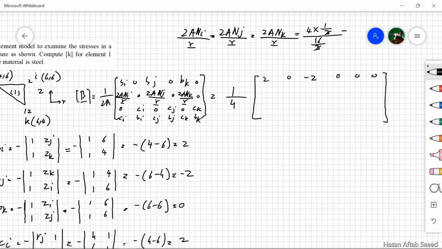All three quantities turn out to be 1/4. So we can just put in the values 1/4, 0, 1/4, 0, 1/4, 0.